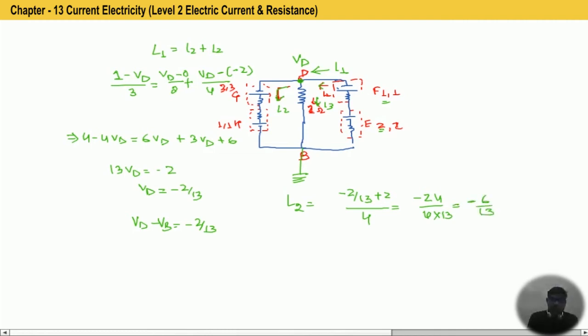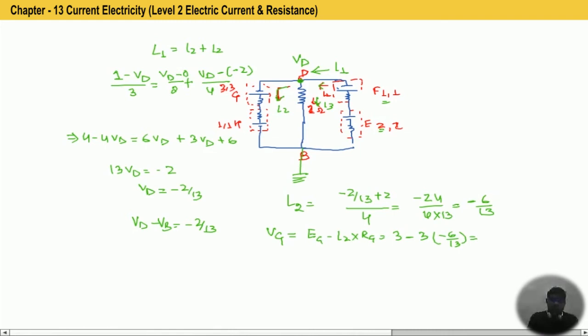Okay. So if we calculate the potential across G, VG. So current is coming out of this. So this is EMF of G minus I2 into resistance of G. EMF of G is 3 minus, resistance of G is also 3, into minus 6 upon 13.